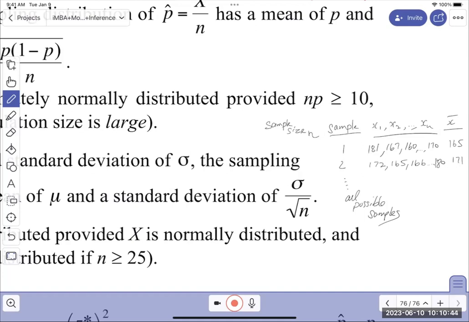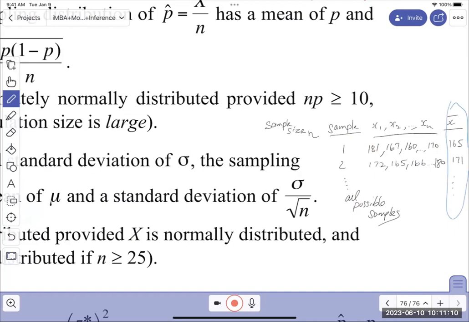So there's this set of samples that we're talking about. The important thing is that these X bars have a distribution. Okay, so here's a question for you.